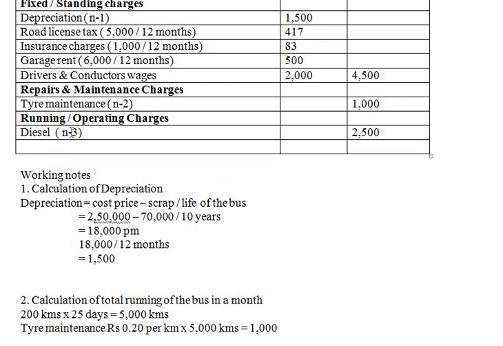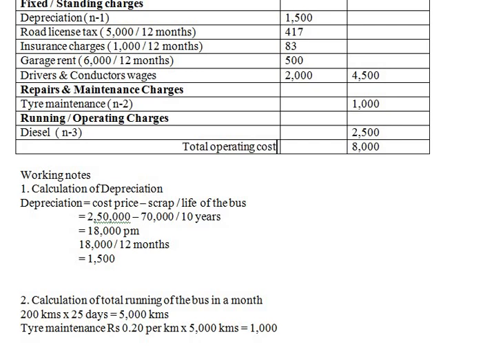Now here make a total of all these, so that is 8000. This is called total operating cost.